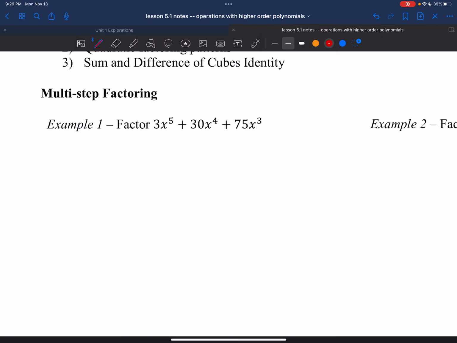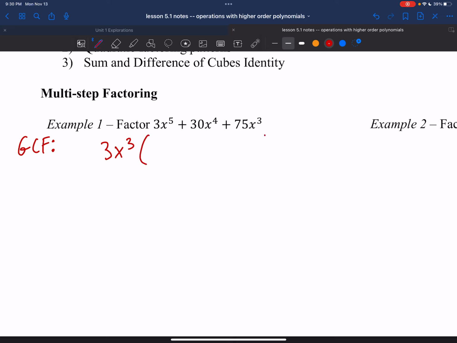The first thing you look for is GCF. If I look at GCF here, I'll notice that 3, and if this is x to the 5th, that's 5 x's, that's 3 x's. They have 3 in common. So 3x cubed is the GCF.